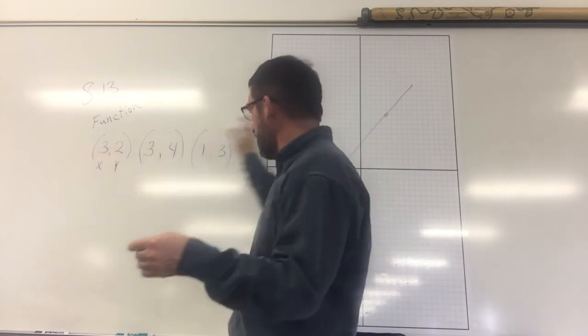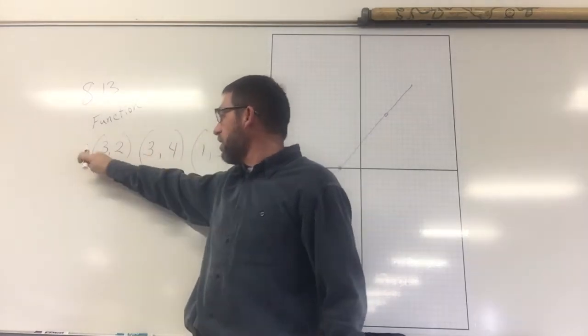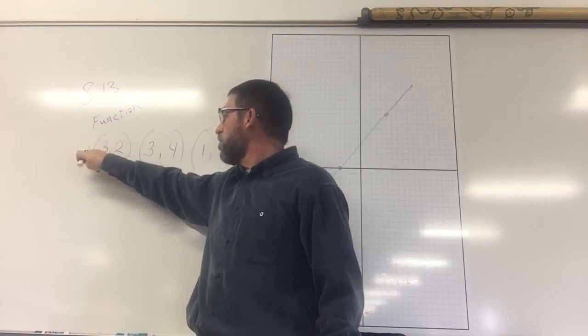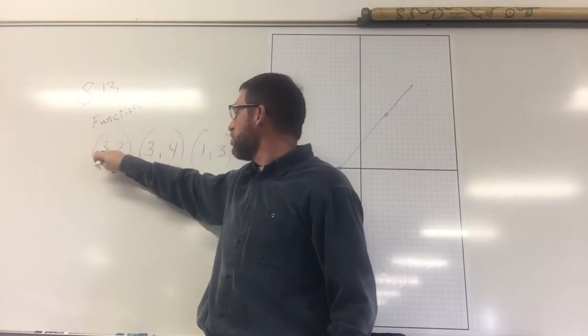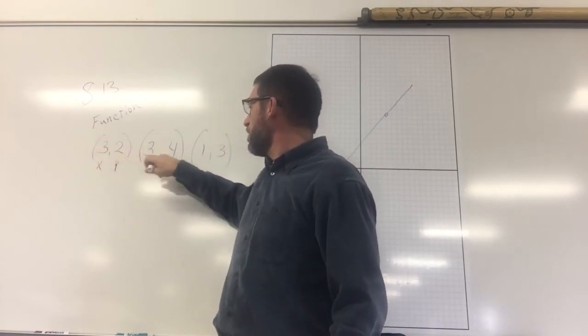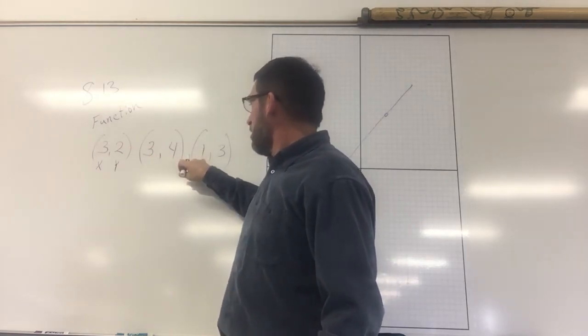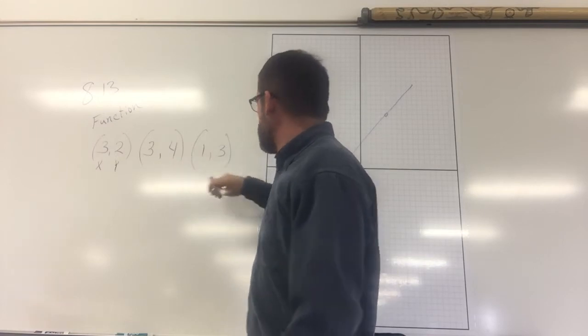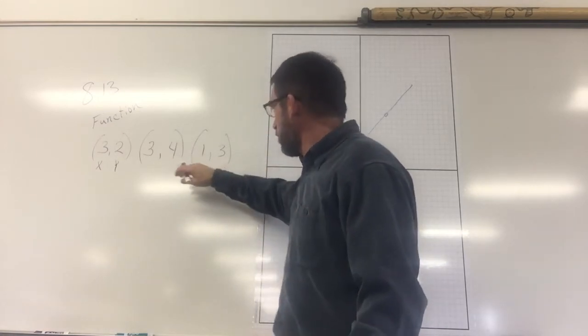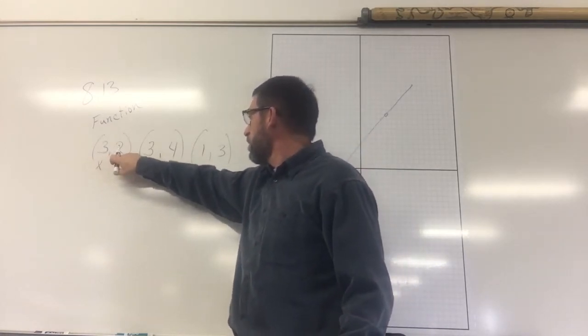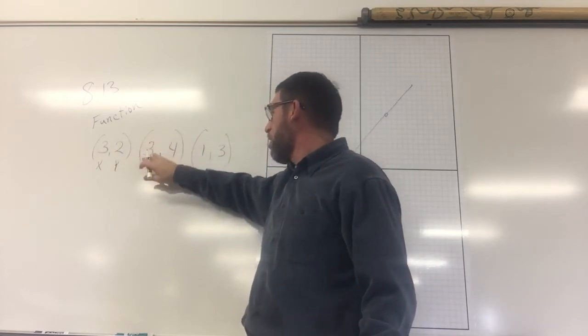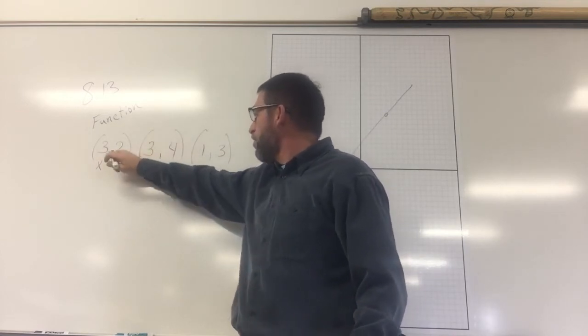And you can have as many sets as you want. So you cannot have, this is not a function, when you have a 3 compared with a 2, and then the next one you have a 3 compared with a 4. You cannot do that.